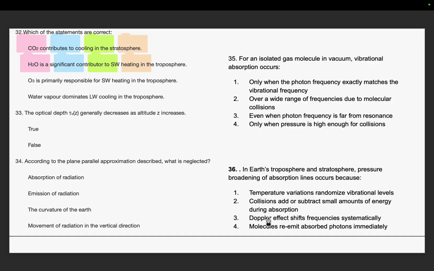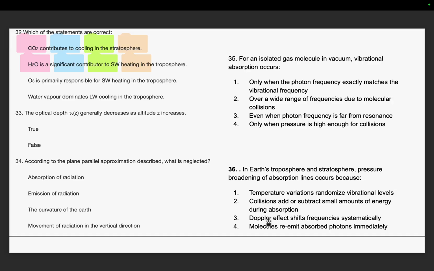Question 32, which statements are correct? Carbon dioxide contributes to cooling in the stratosphere. H2O is a significant contributor of shortwave heating in the troposphere. Ozone is primarily responsible for the shortwave heating in the troposphere.